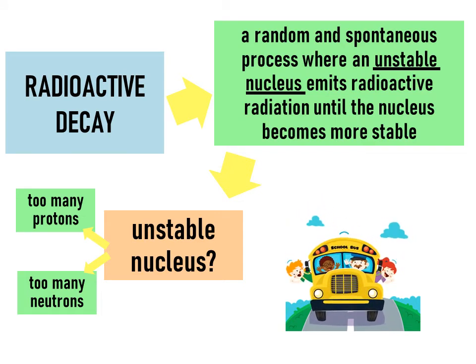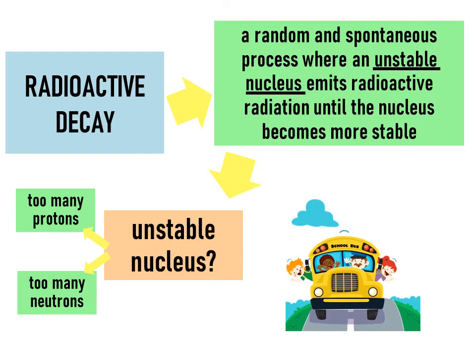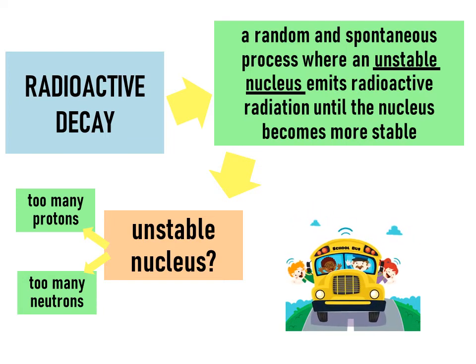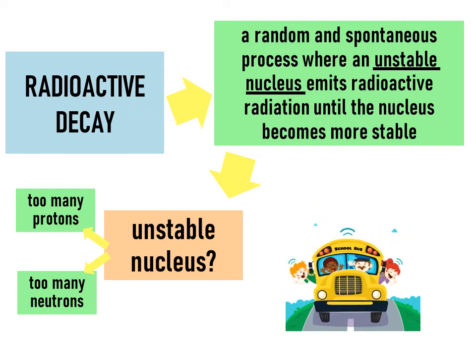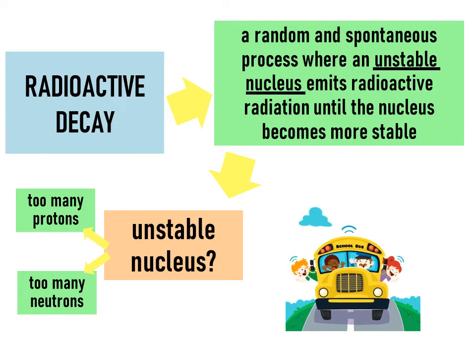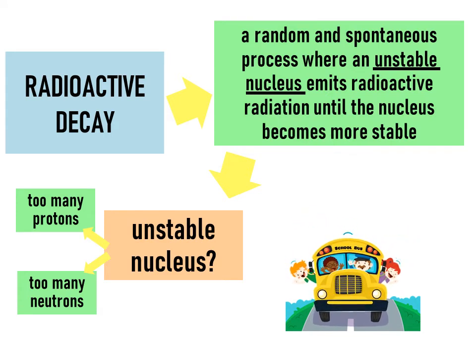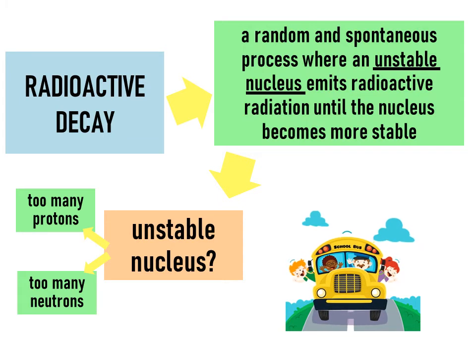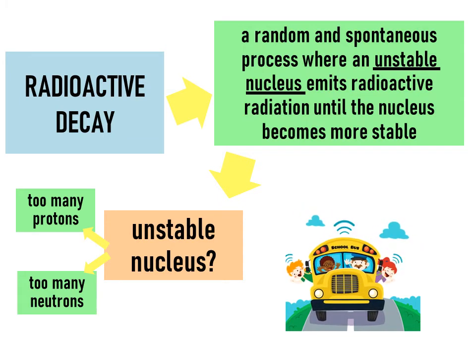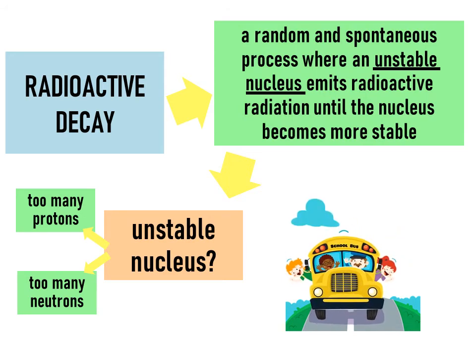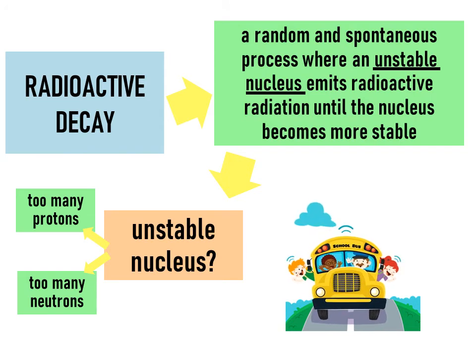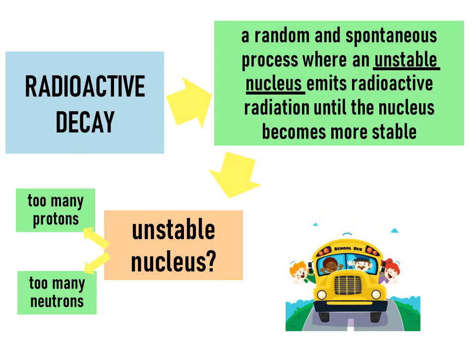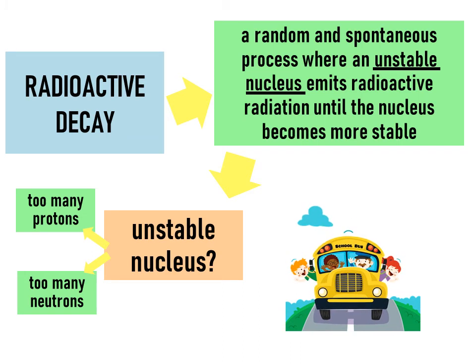The seats are not enough for everyone. So now what are you going to do with the excess passengers? Of course, you have to remove the excess passengers in order for the bus to become stable again so that it can travel to the destination. And this situation is similar to radioactive decay, when unstable nuclei try to balance themselves by giving off the excess protons or neutrons.